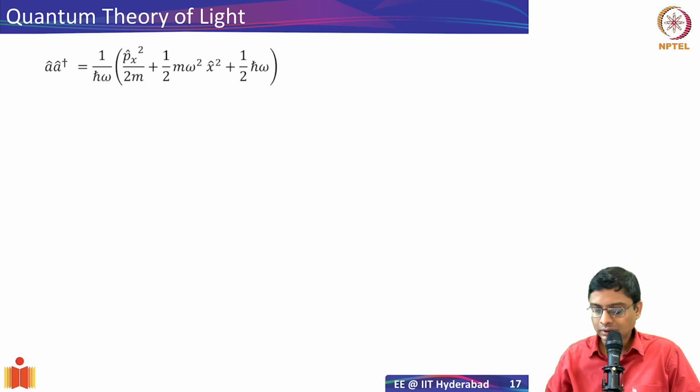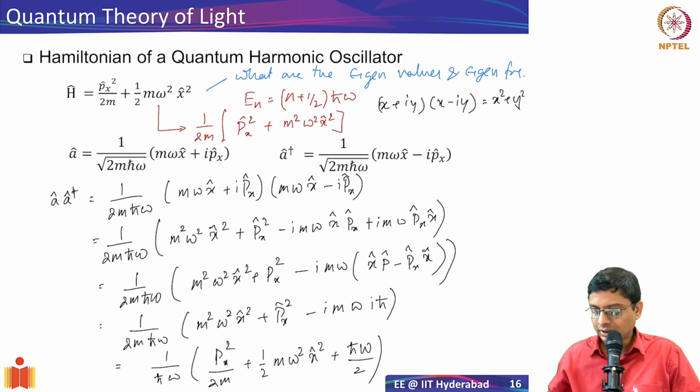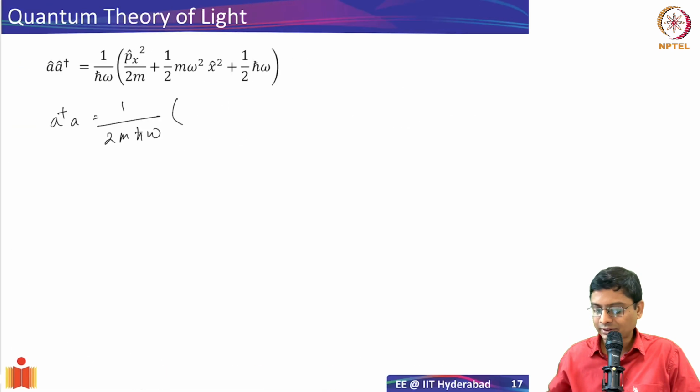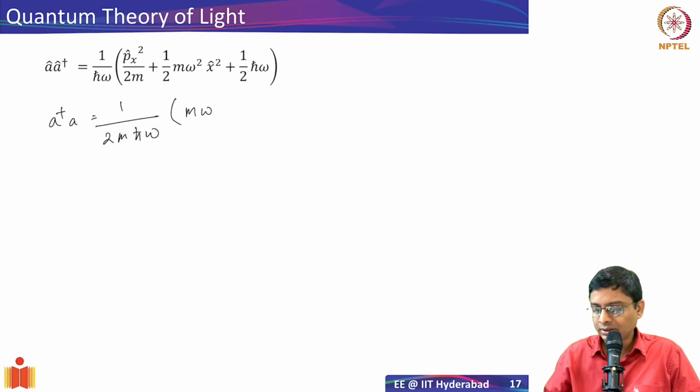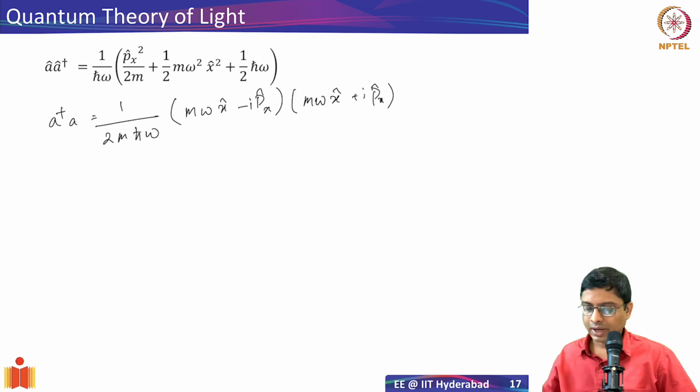What happens if you try A dagger A? If I want to try A dagger A, I'll get 1 over 2m h cross omega into, now A dagger means the definition is basically m omega x cap minus i px cap, into m omega x cap plus i px cap.